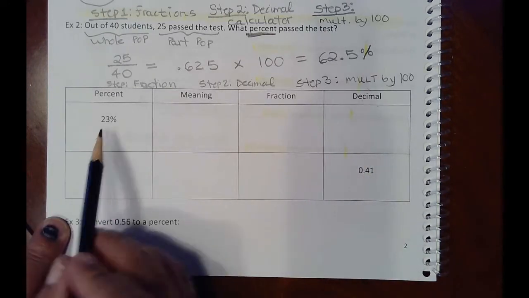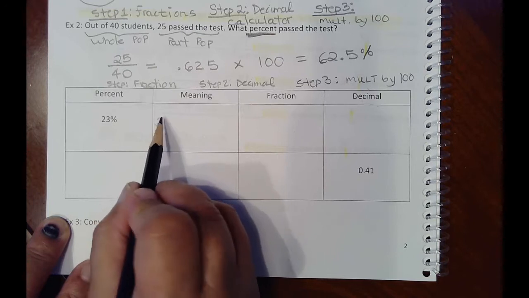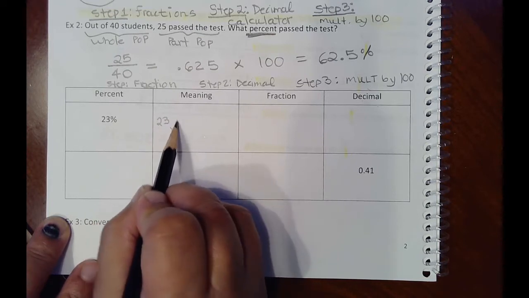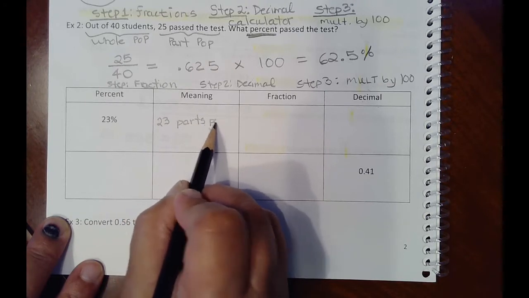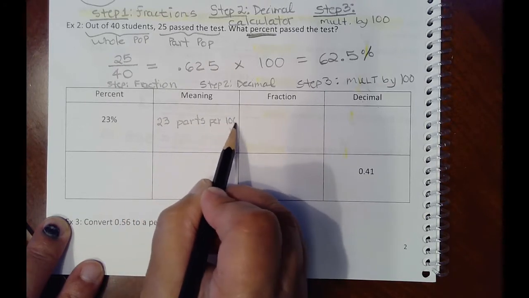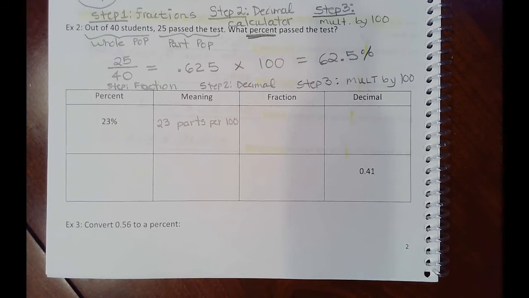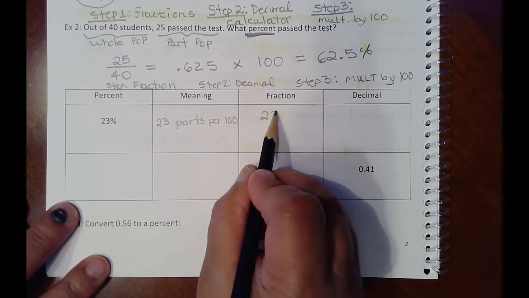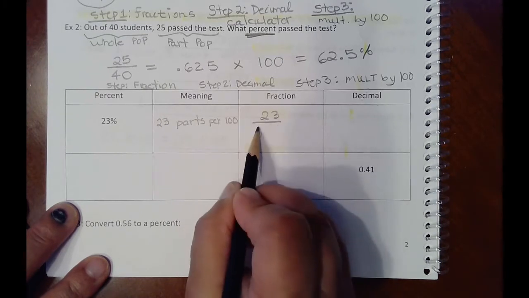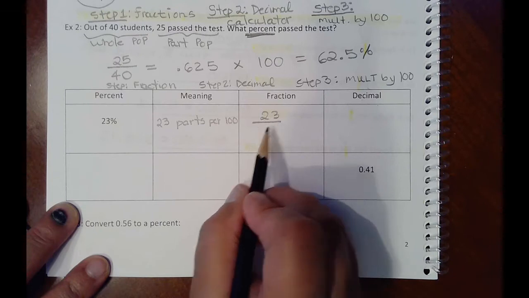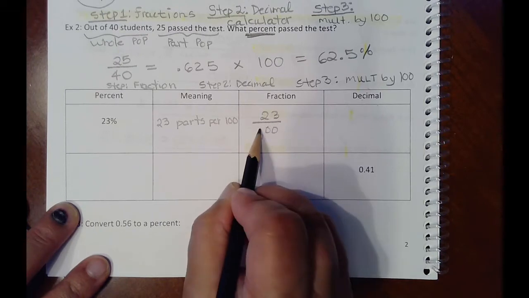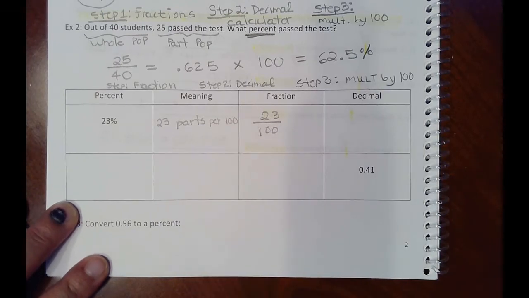So the meaning of 23% is 23 parts per 100, because that's what percentage means, parts per 100. As a fraction, it would be 23 parts. This can be read as per, or it can be read as divided by. 23 parts out of 100, so there it is as a fraction.